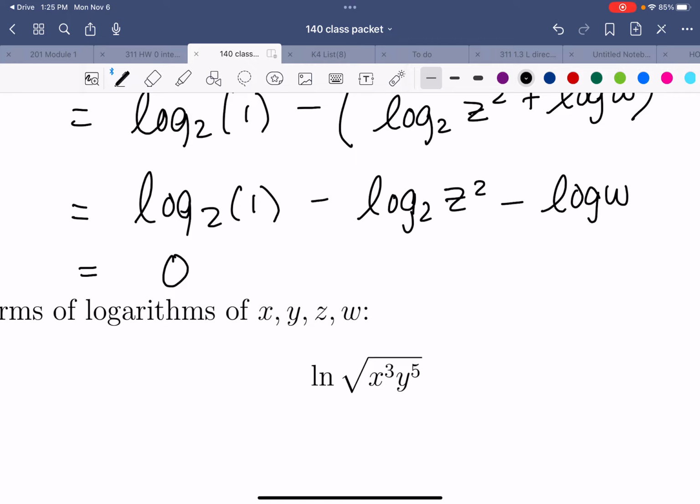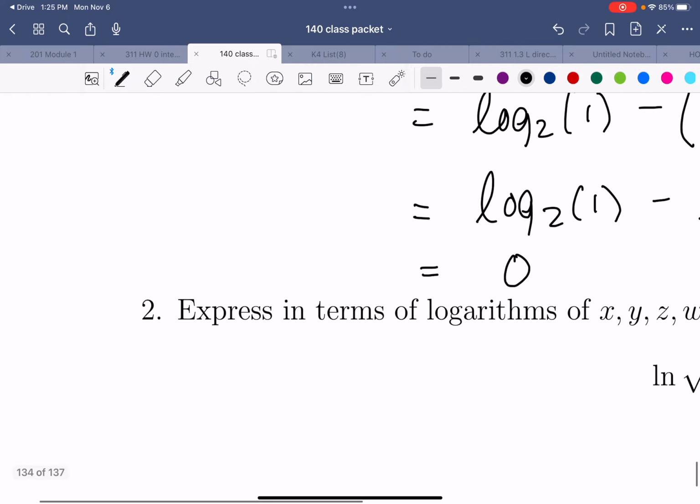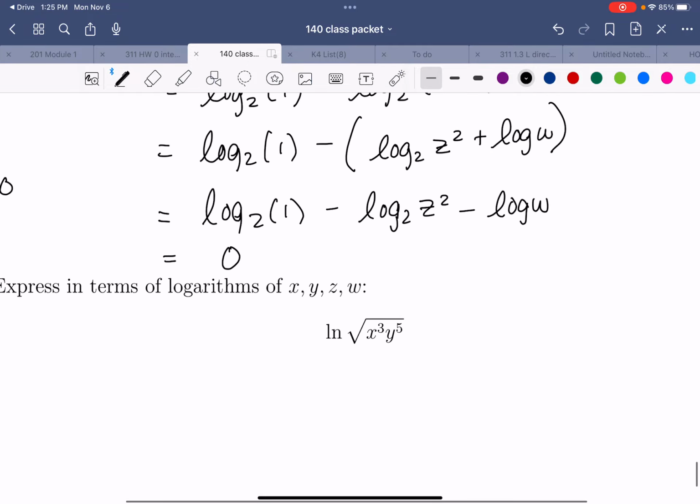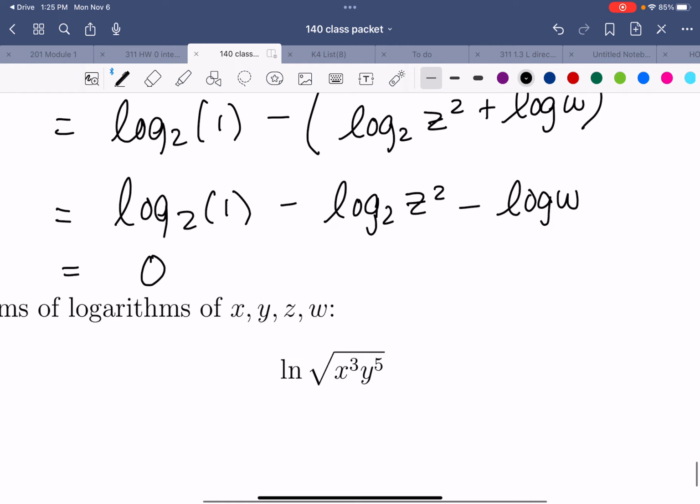Well, because log base 2 of 1 is equal to 0, because base is 2, exponent is 0, answer is 1, right? What exponent for 2 gives us 1? Well, that's 0. So the log, regardless of the base, of any number for any base, the log of 1 is always 0. Okay, natural log, log base 10, all of them.